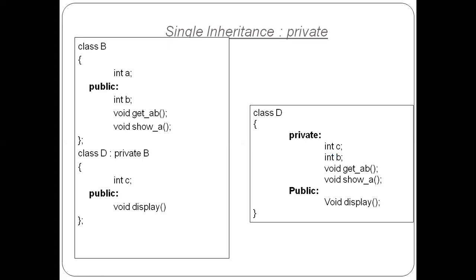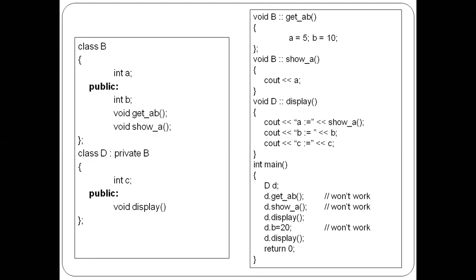Similarly, getAB and showA. Both member functions are in the public scope of class B, but due to the private access specifier, all are available inside the private scope of class D. We did this program in the last lecture.